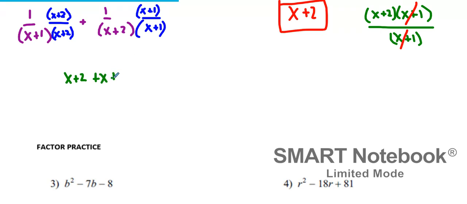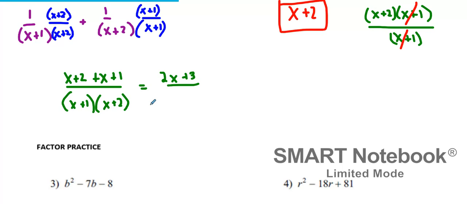And this is all over the factor x plus 1 times x plus 2. And those two numbers are getting multiplied together, like 3 times 7 in that example I just used. So our final answer is 2x plus 3 over x plus 1 times x plus 2.